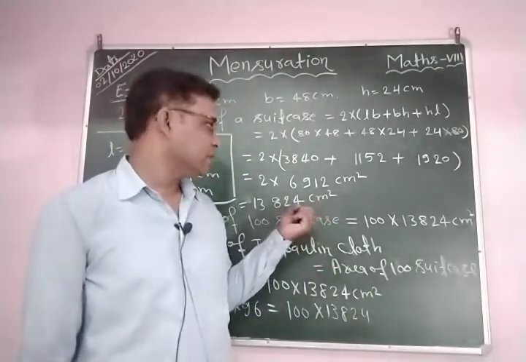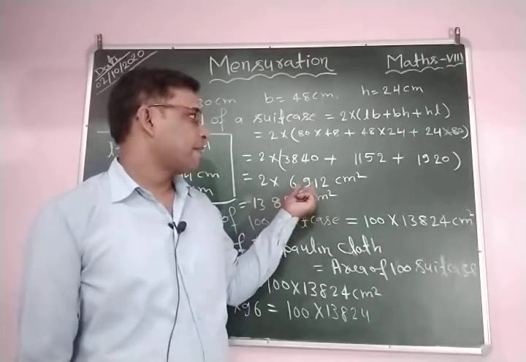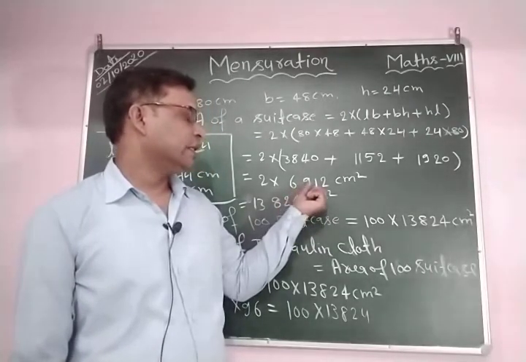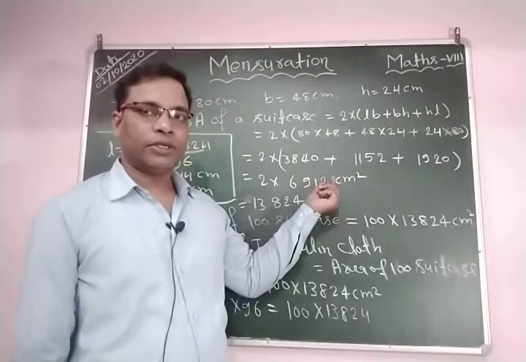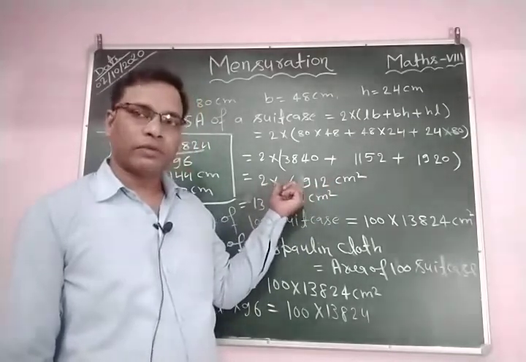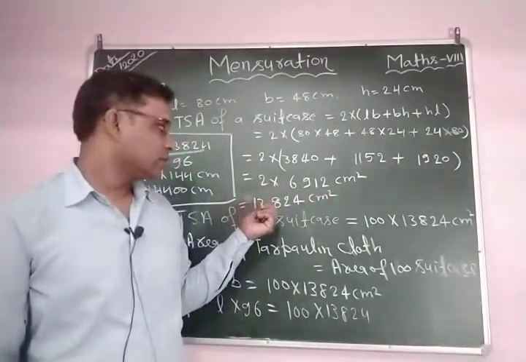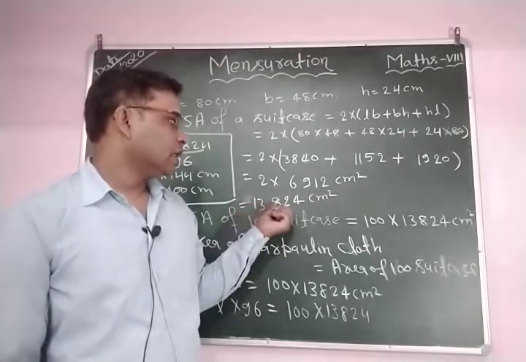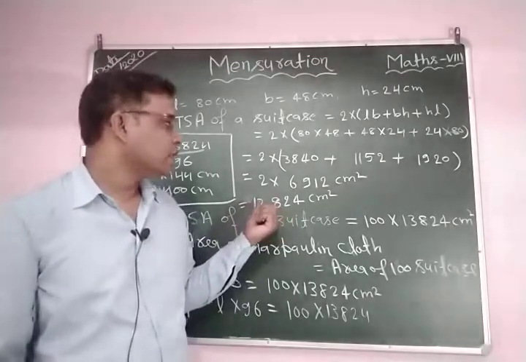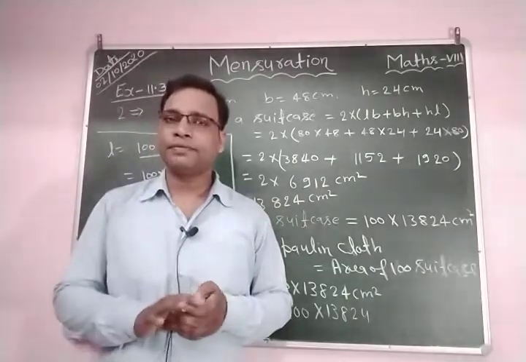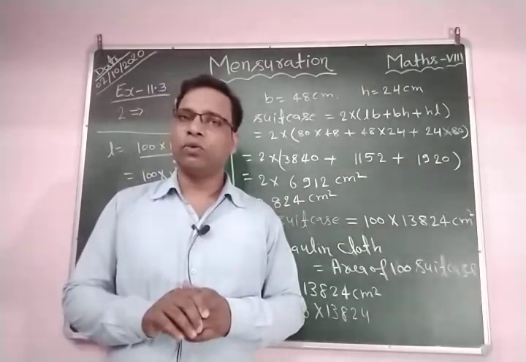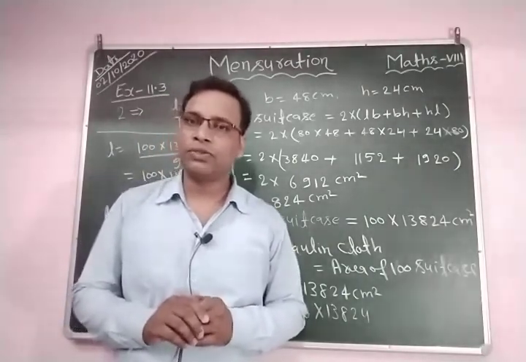When we add them, you obtain 6912 centimeter square, and this is into 2. When you multiply this, this is equal to 13,824. 13,824 is the area of one suitcase, but we have 100 suitcases.